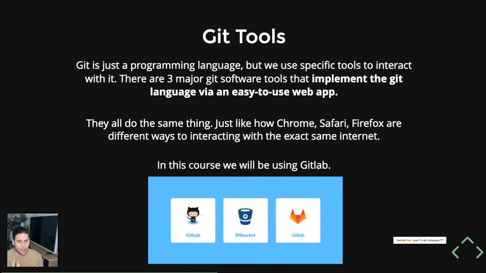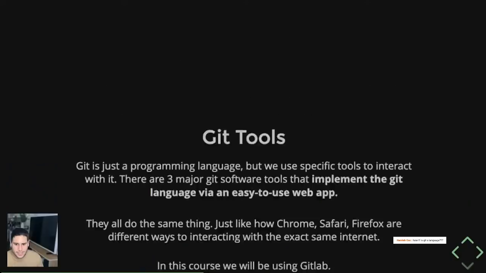GitLab is running on a server in Kensington, and that's where we can put copies of our projects so that if I throw my computer in the bin and get a new computer, I can clone that project and continue working. So these are all sort of competitors, if you will, GitHub, GitLab, and Bitbucket. For this course, we're going to be using GitLab.